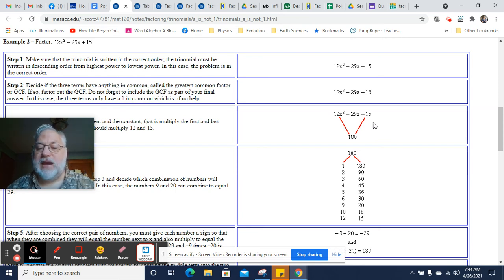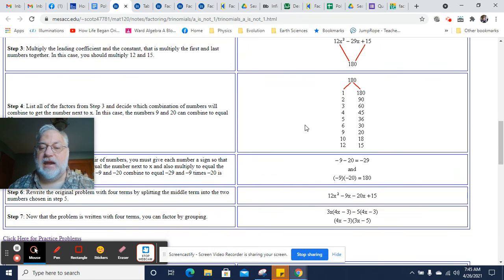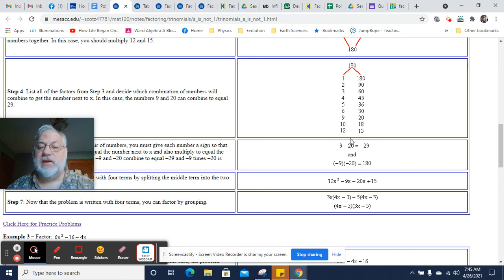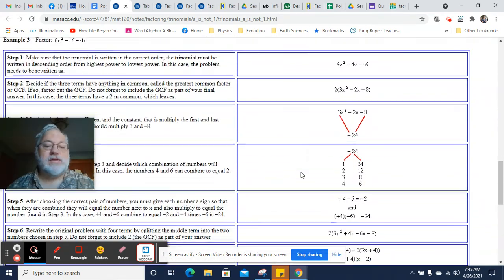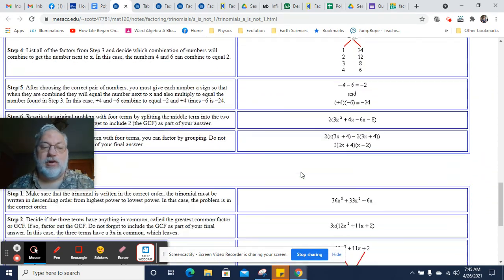And I would mix and match until I had 2 sets of factors that gave me the 2 products that would get me to negative 29. There are obviously going to be negative factors involved in this one. So this ultimately worked out that 9 and 20 add up to 29. So negative 9 and negative 20 add up to negative 29 and so forth. But as you can see, it works the steps pretty thoroughly in here.